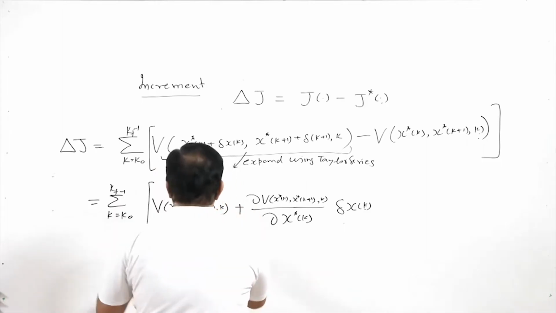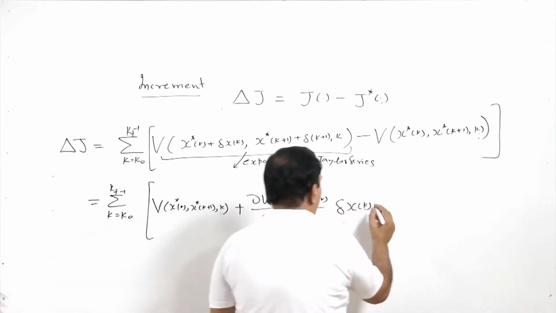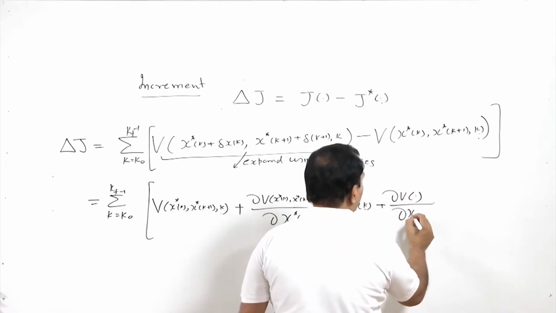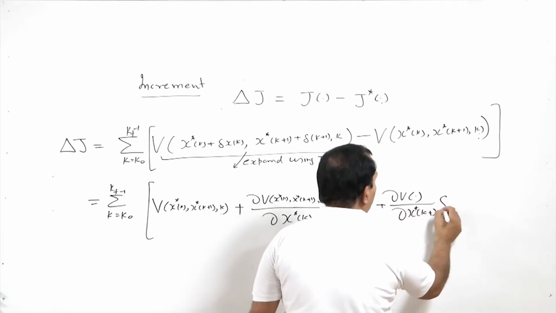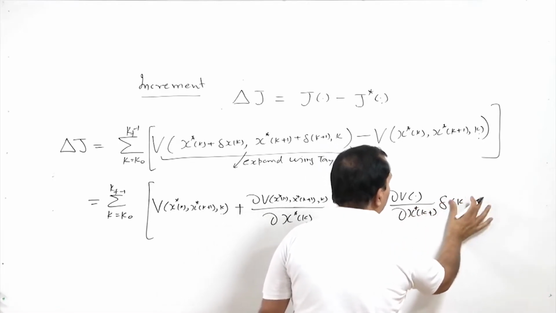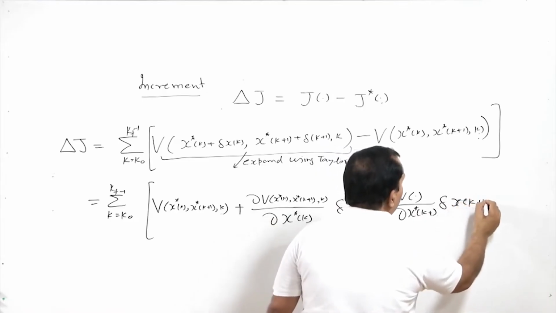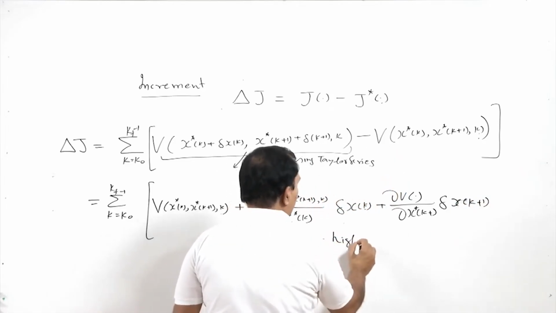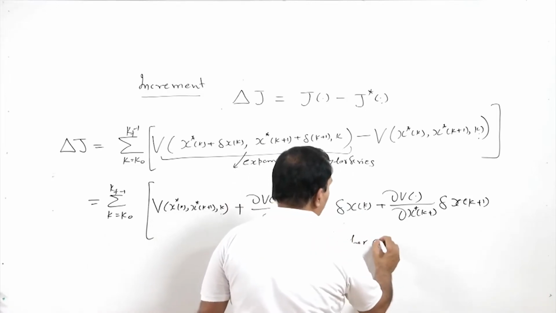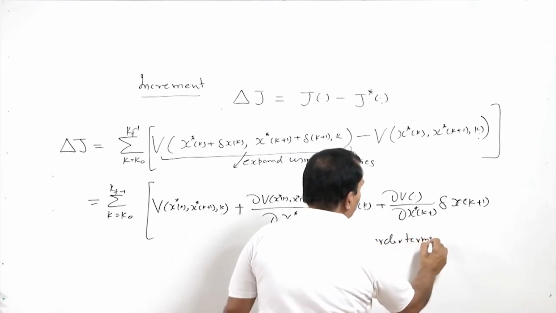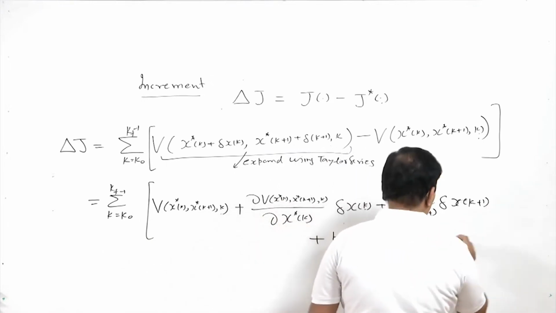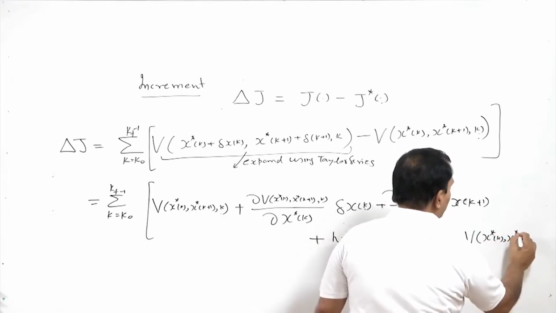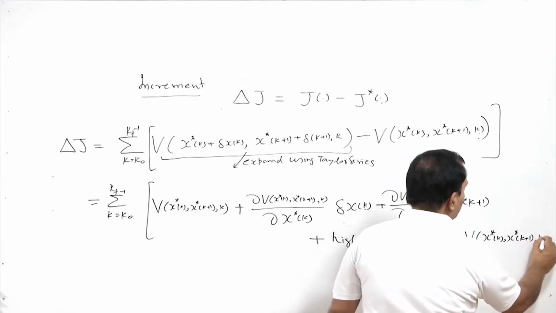Sorry, this is plus del v by del x k, I am simply writing this as dot, you can understand this, delta x of k plus 1, plus now second order terms, higher order terms, minus v of x star of k, x star of k plus 1, k.